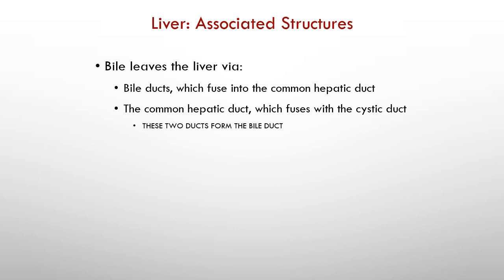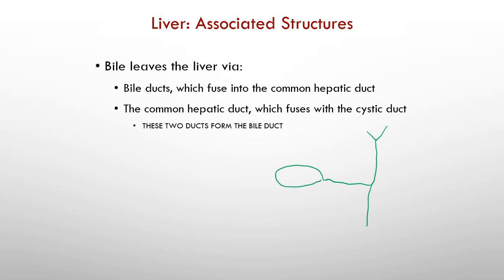So essentially, as it's coming in from the liver, we have our two hepatic ducts there. We then have our common hepatic duct. It gives off the cystic duct, which then goes out to the gallbladder.